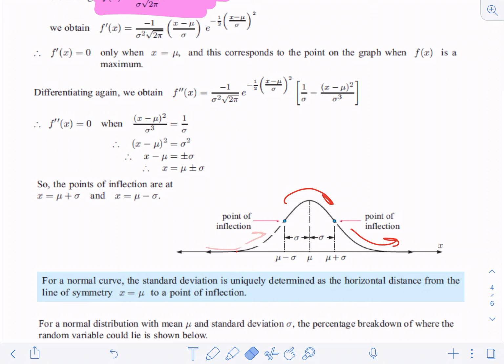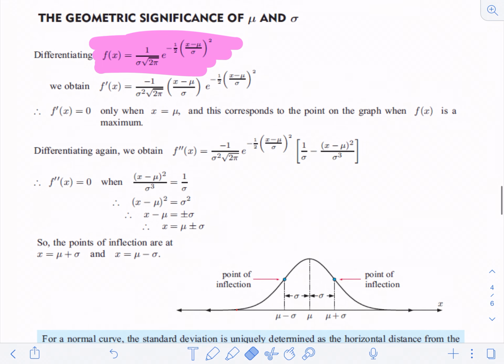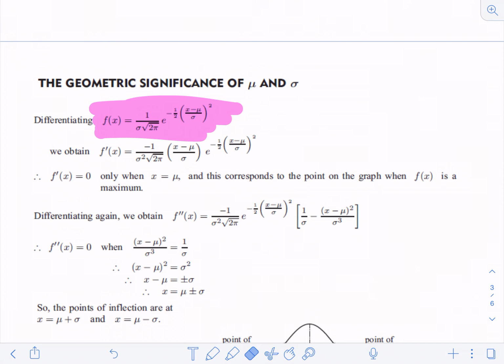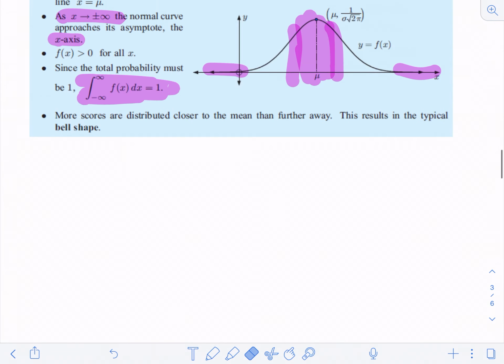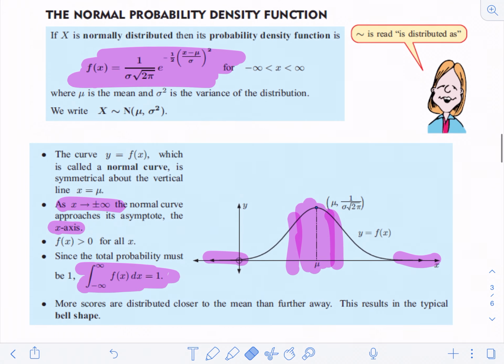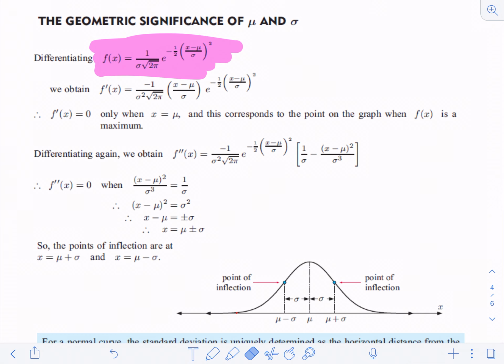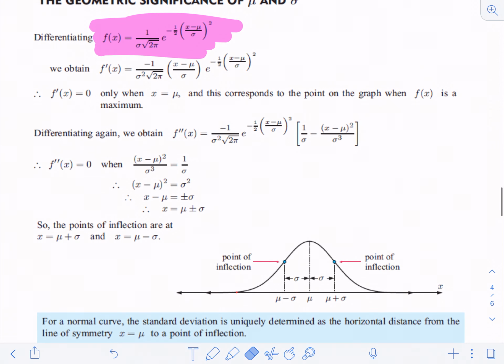So what happens is, if I take the formula that we have up here for f of x, which we established is our probability density function, and we take the first derivative and then the second derivative, and then we set the second derivative equal to 0, which we do right here, then if you solve for the second derivative equals 0, you're going to get this, and this is what I want to draw your attention to: x is equal to the mean plus or minus the standard deviation.